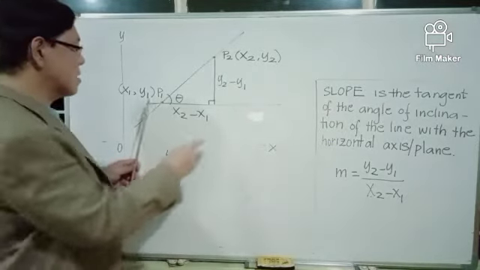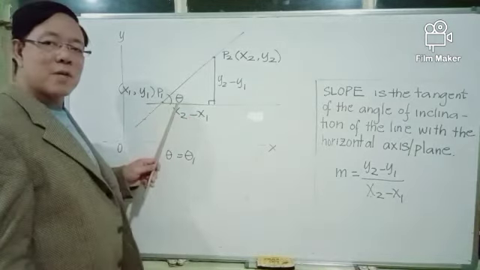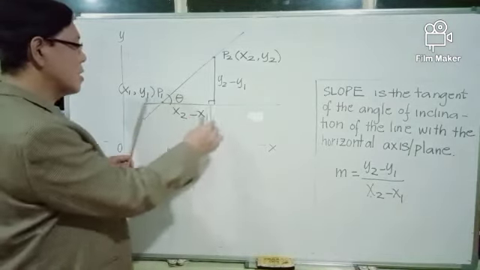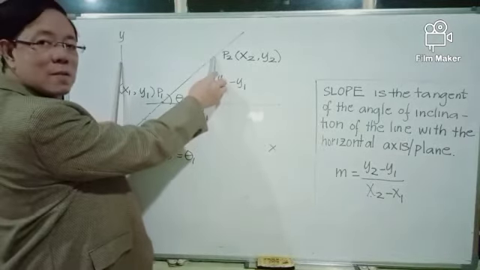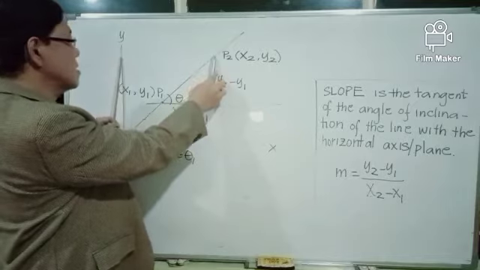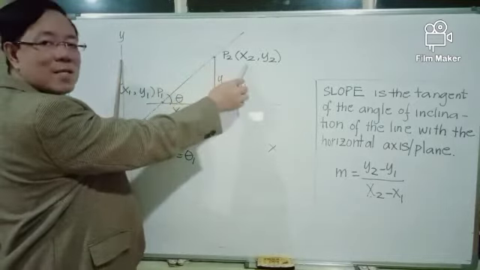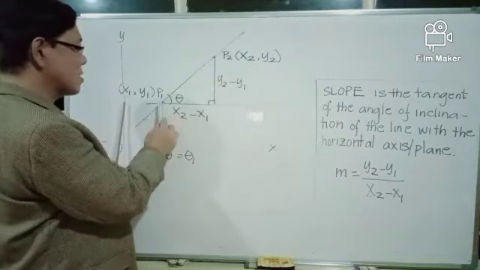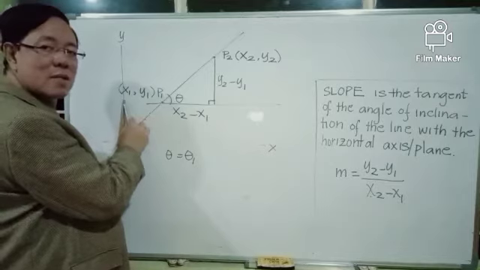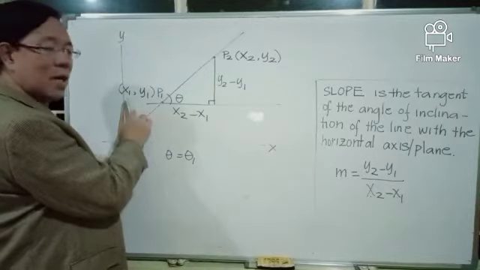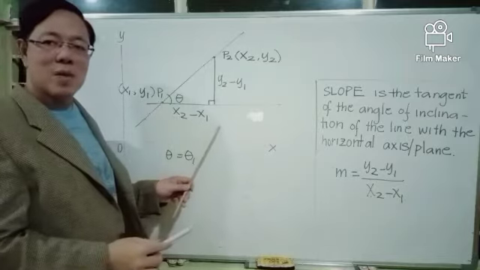Again, the side adjacent to this angle of inclination of the line is equal to the distance of P2 from the y-axis, given by x2, minus this length, which is the distance of P1 from the y-axis, given by x1. Hence, the adjacent side is x2 minus x1.